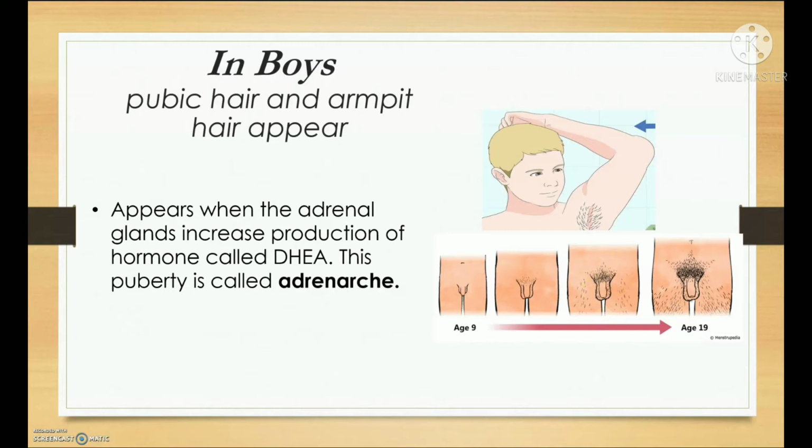As we grow, the hair will also thicken and grow more curly. It is because of the hormone called DHEA. Some boys also have facial hair. They will start to grow some facial hair as well.